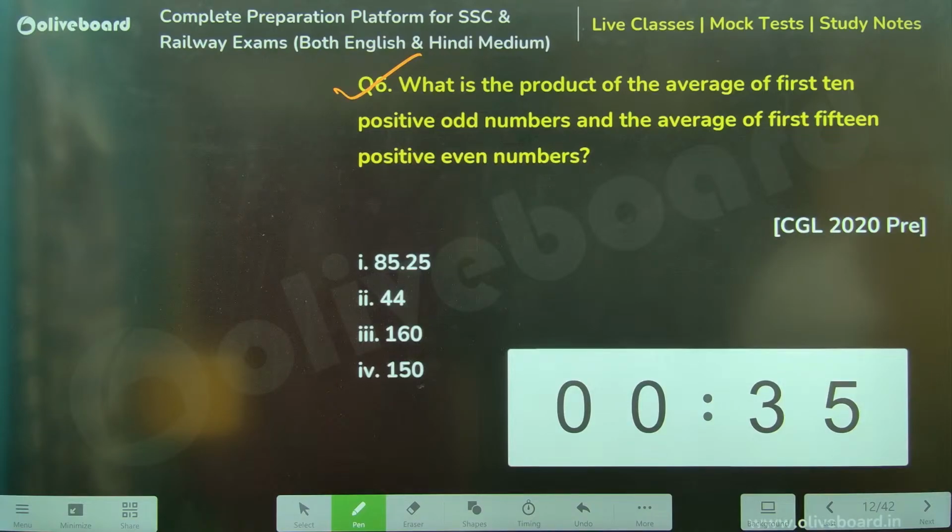Chalo. Last 5 seconds. Chalo, need answers.